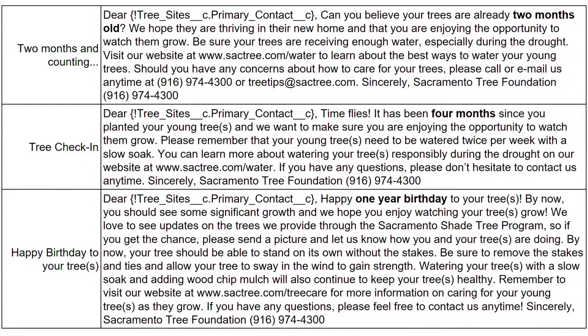They start to receive automated emails that say, hey, it's been 2 months, are you doing a good job watering your tree? It's been 4 months, call us if you have any questions. Happy birthday to your tree. Please send us a picture of your tree. And the responses that we get to this are really cute. Certainly we believe that this is really growing the tree survivorship rates for us, which is super, super important to us.